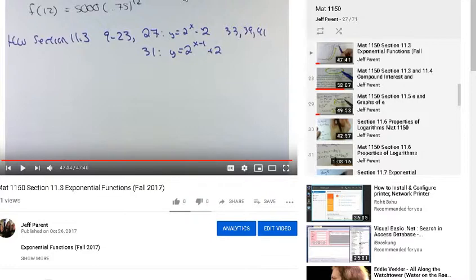And the other one is e to the x. But both of them are pretty similar. You've got a horizontal asymptote here at y equals 0, passing through that point and growing quickly.